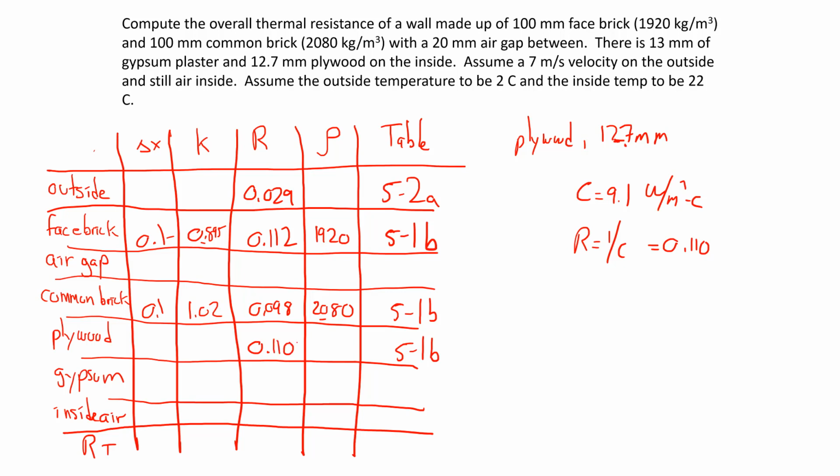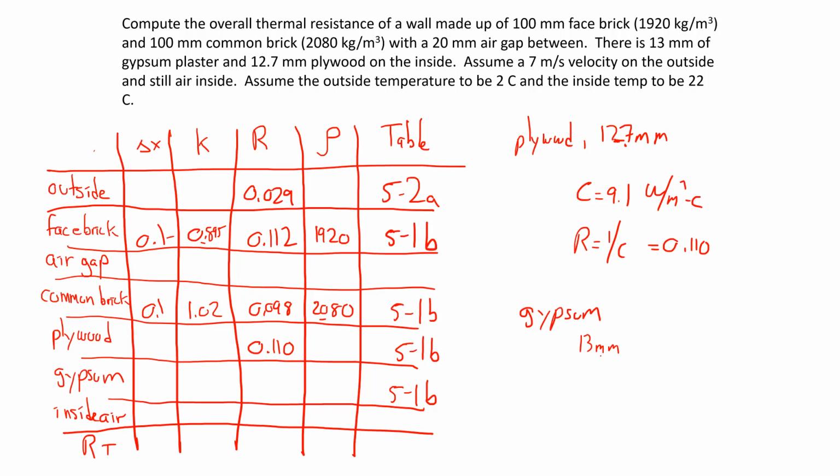Next entry is gypsum. Again, table 5.1b, at the top. This gypsum has a 13 millimeter thickness, but if you go back to the table, you don't really have 13 millimeters of thickness.